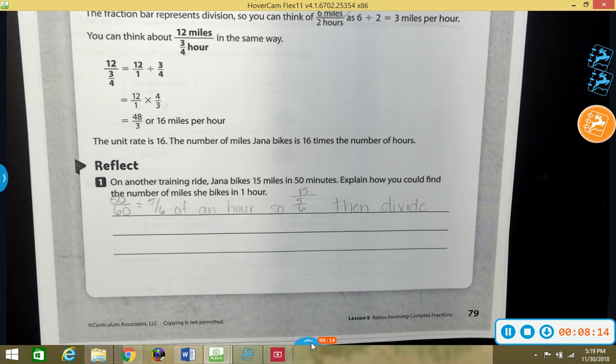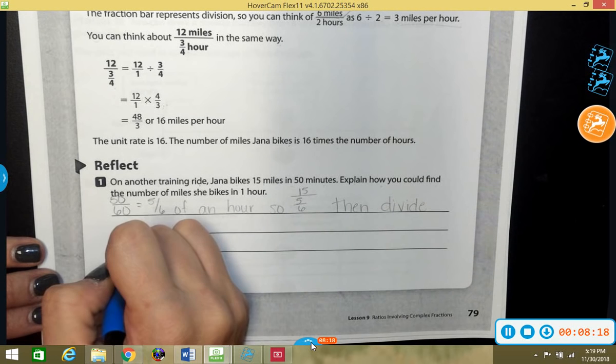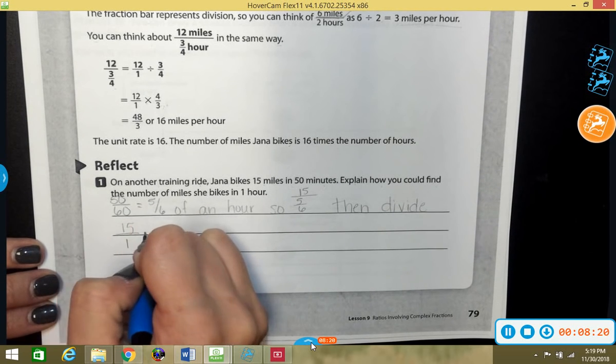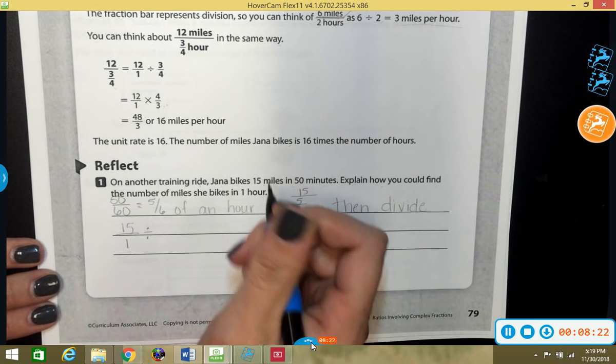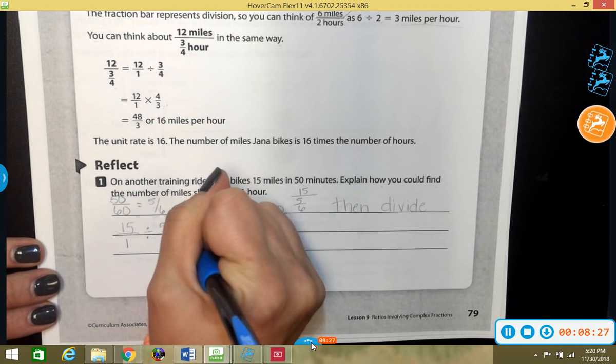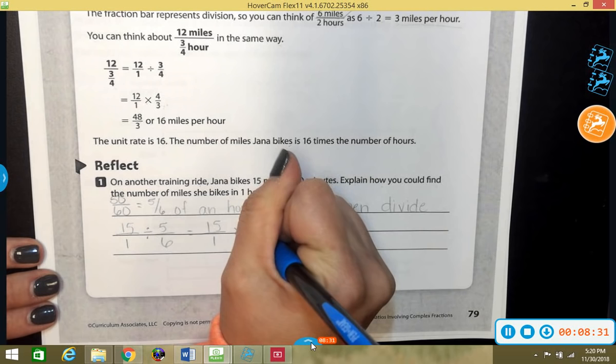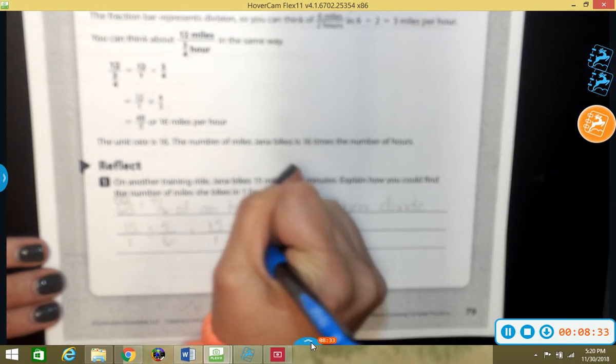You know that you multiply by the reciprocal. So you have 15 over 1 divided by 5 over 6, which is the same thing as 15 over 1 times 6 over 5.